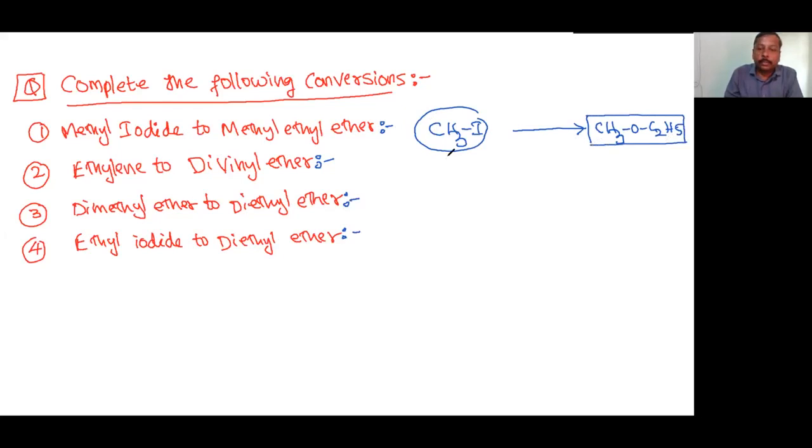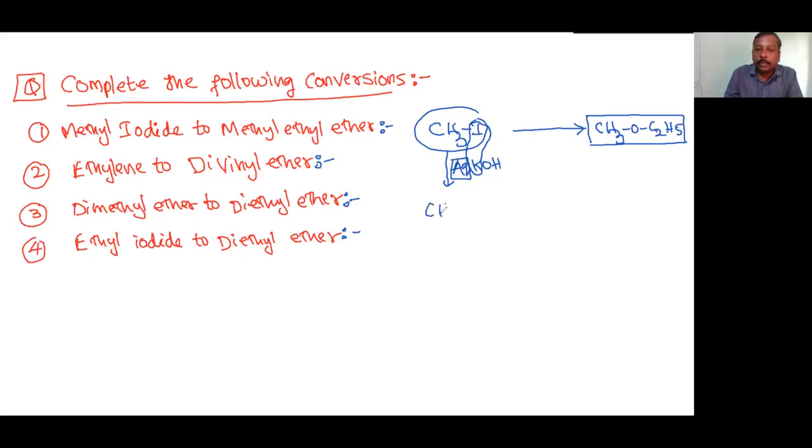Okay. So first of all, I will use aqueous KOH. Then obviously potassium and iodine will be removed. Be careful, it should be aqueous. If it is alcoholic, sometimes it may result in elimination.